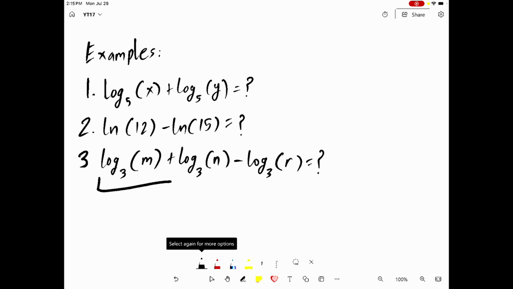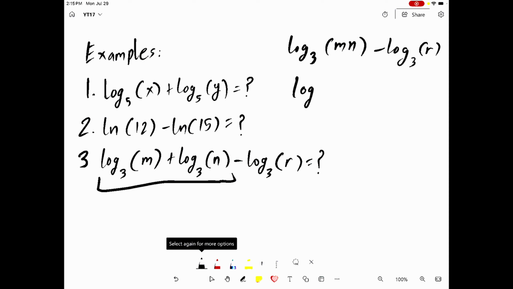If we start with this, it would become logarithm base 3 of m times n, okay? And then if we have minus logarithm base 3 of r, we would get the logarithm base 3 of mn divided by r. This is one example where it shows that you can stack things on top of each other.